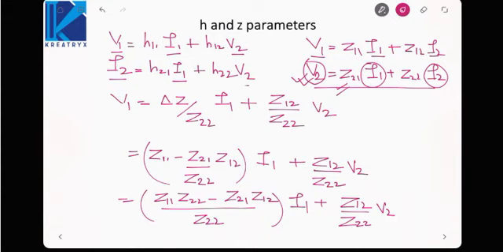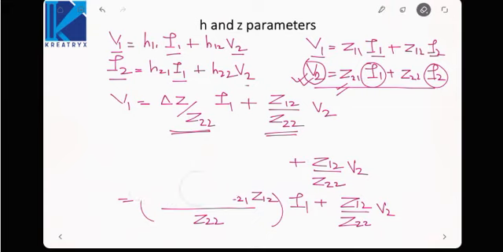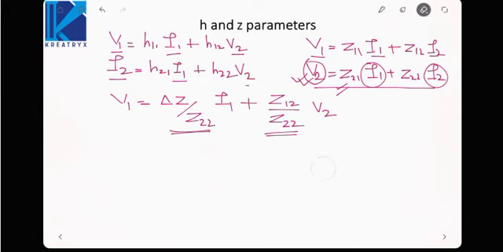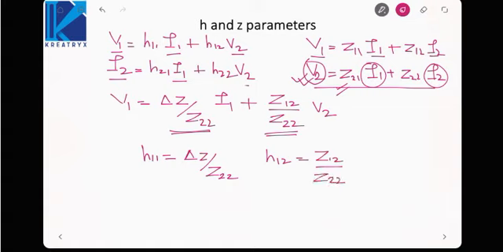Okay. So that will become H11 and this will become H12. So if I write down what are the four H parameters in terms of Z parameters, H11 becomes delta Z by Z22. H12 becomes Z12 by Z22. H21 becomes minus Z21 by Z22. H22 becomes 1 by Z22.